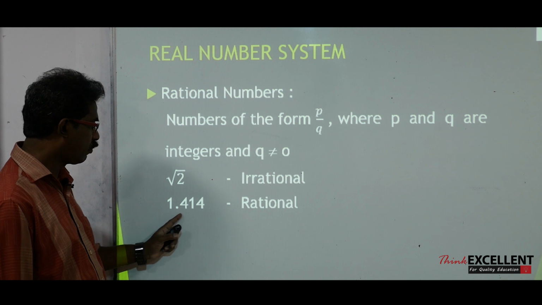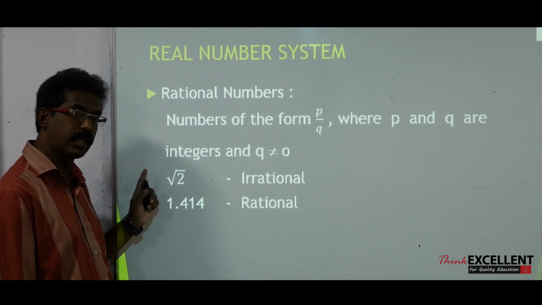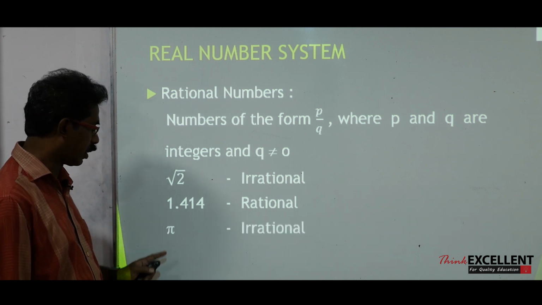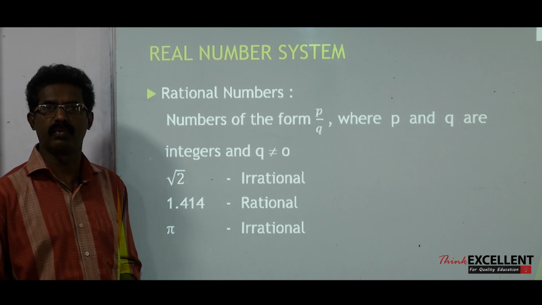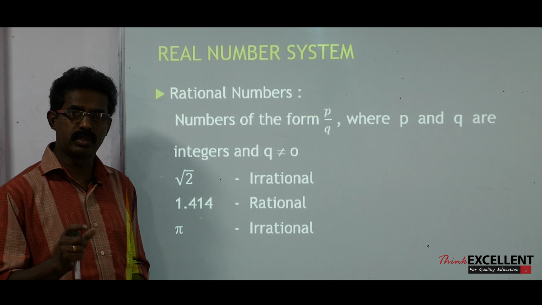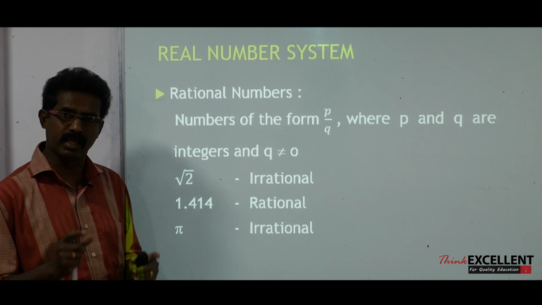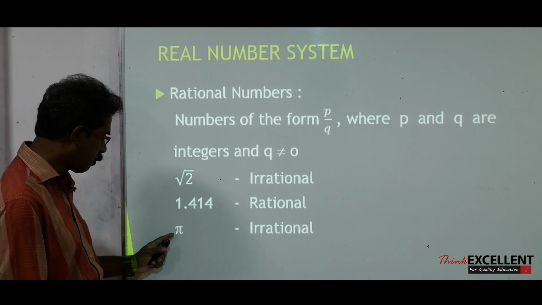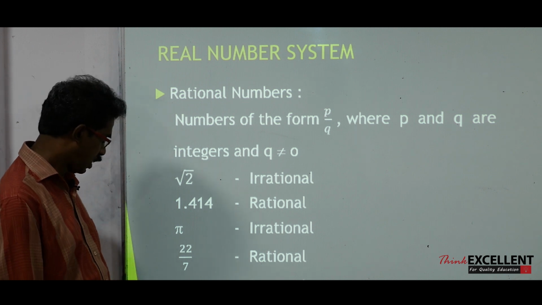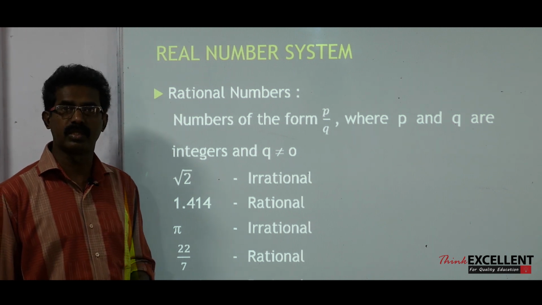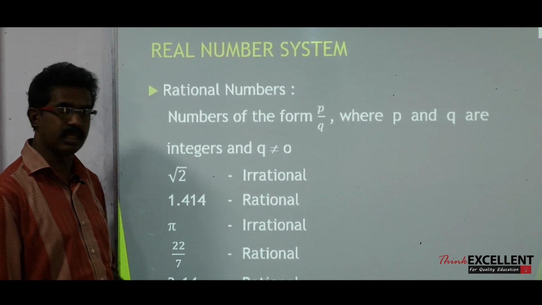So 1.414 is rational, but root 2 is an irrational number. Pi is irrational. We have its approximate values 3.14 or 22 by 7. The 3.14 and 22 by 7 are rational numbers, but pi is irrational. Remember, 22 by 7 is rational, 3.14 is also rational, but pi is irrational.